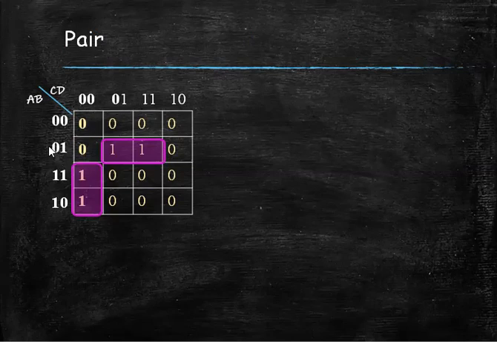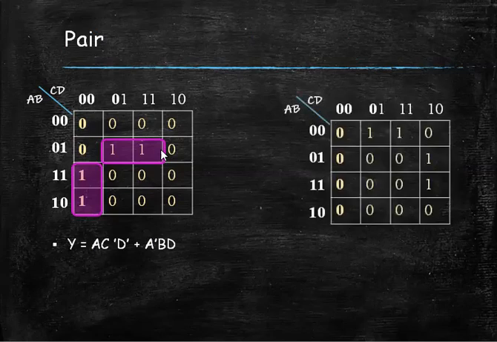Okay, C is removed and A bar B D. Then the result is y is equal to A C bar D bar or A bar B D. Okay, here for this one, A C bar D bar, and here A bar B D. Consider the next one.